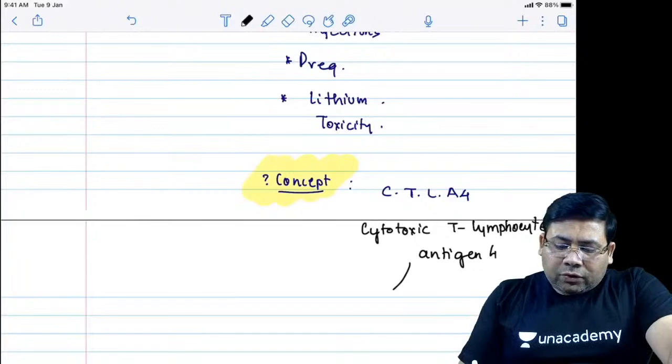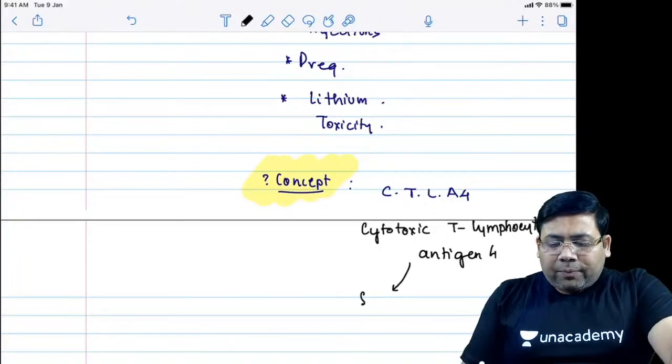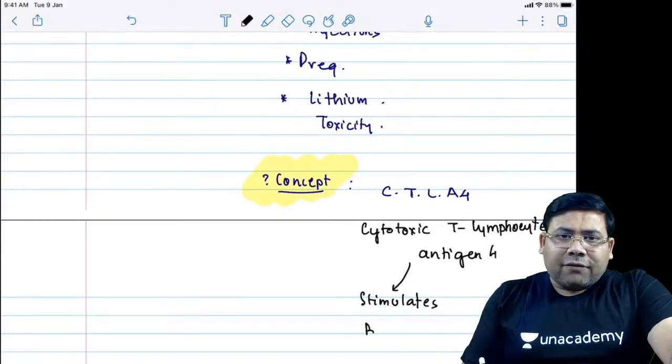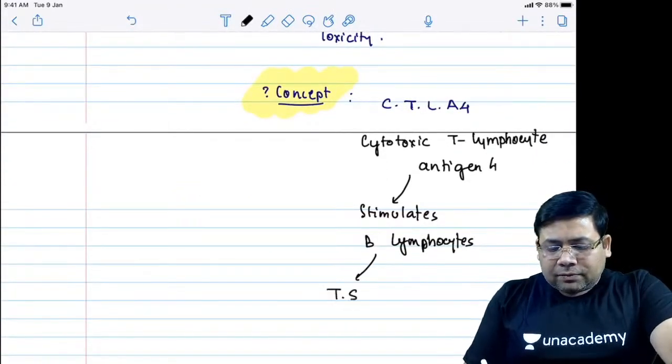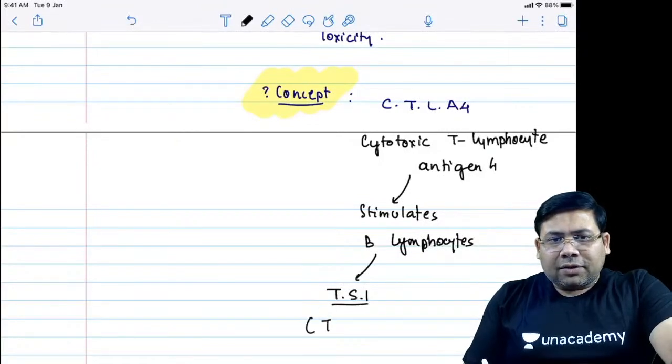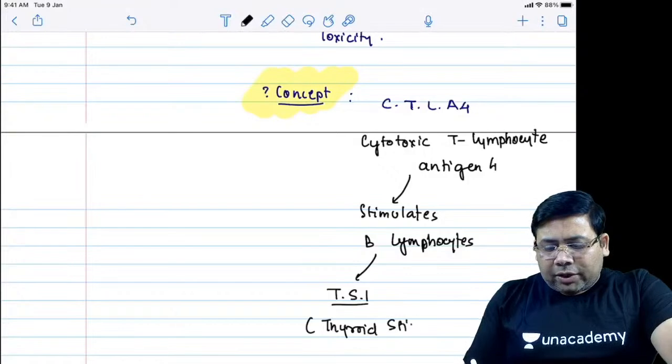What is this going to do? This stimulates B lymphocytes. And what is this B lymphocyte going to do? This is going to generate TSIs. What is TSI? Thyroid stimulating immunoglobulins.